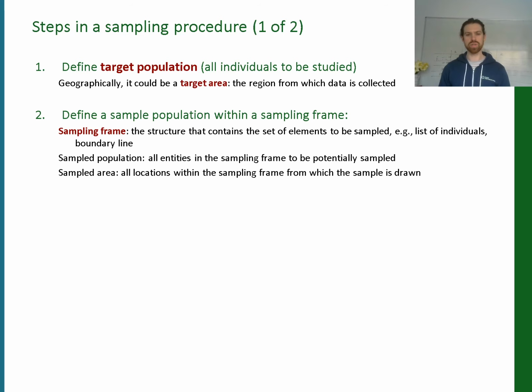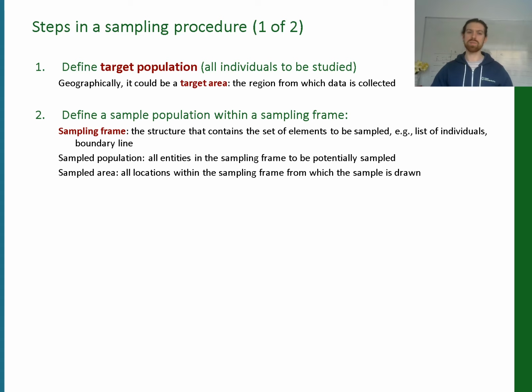We then want to define a sampling population within that sampling frame. So the sampling frame essentially is the structure that contains the set of elements that we want to go out and sample. So it's the list of individuals that meet our demographic characteristics that we might want to sample, or maybe it's the boundary line around the city of Fairfax that delineates exactly the area that we want to sample.